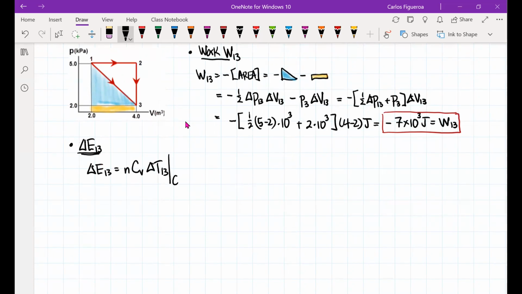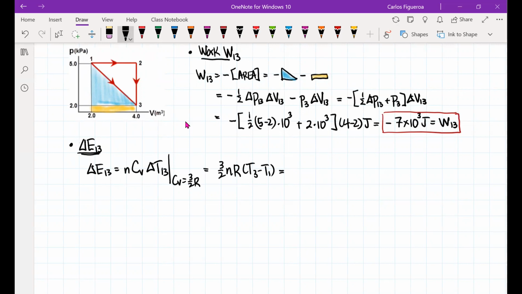Now note, CV is equal to 3/2 R. So if I just write everything out, I'm going to get 3/2 NR (T3 minus T1). But note, we don't know the temperatures. We know the pressures and the volumes.